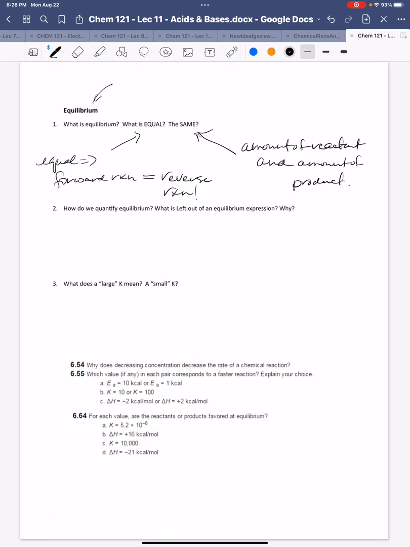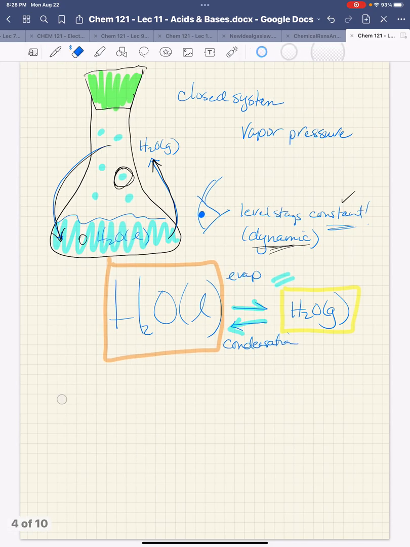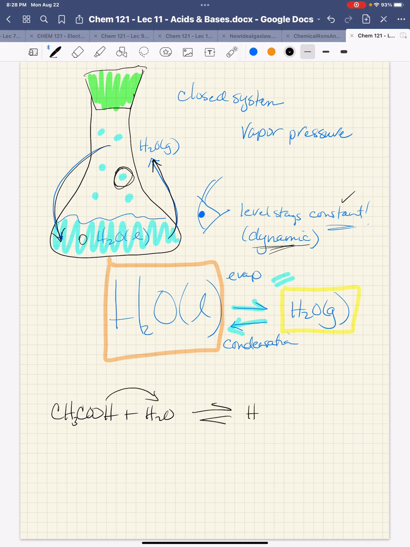Now, when we talk about a weak acid system, vinegar, CH3COOH, and water, and we look at that system, that's a chemical equilibrium where the hydrogen is being donated and making hydronium. And then we have this acetate ion over here. And so what we're getting at here is, here are the reactants and here are the products.